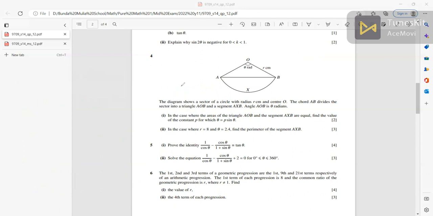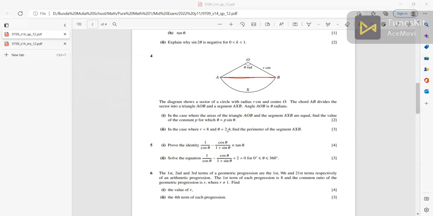Okay, for the second one, in the case where R equals to 8 and theta equals to 2.4, find the perimeter of the segment AXB. So first, we have to find AB first, the line. To find the AB, we can use sine rule.